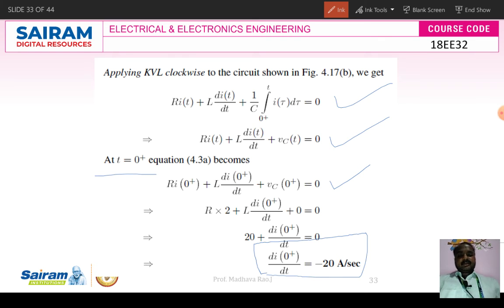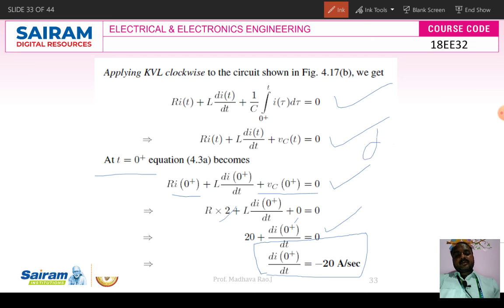Just substitute the I of 0 plus. So what is Vc? I of 0 plus is 2 and Vc of 0 plus is 0. So 20 plus di of 0 plus by dt is equal to 0 after simplifying. Finally we get di of 0 plus by dt is equal to minus 20 amperes per second.